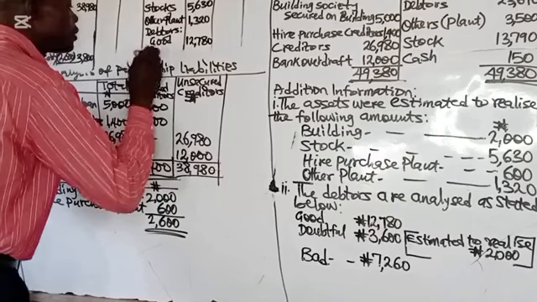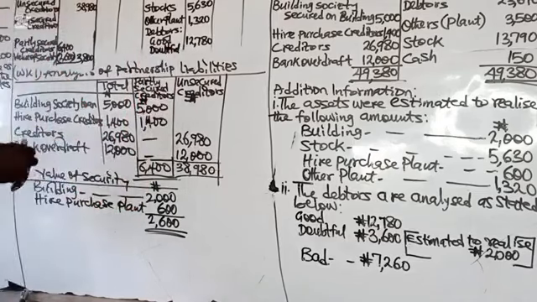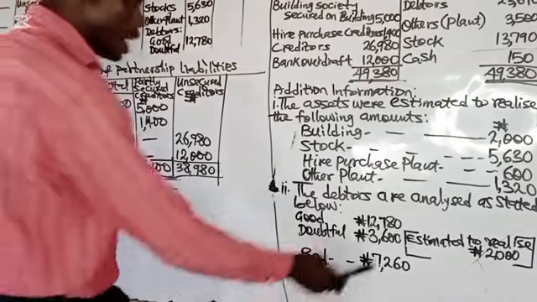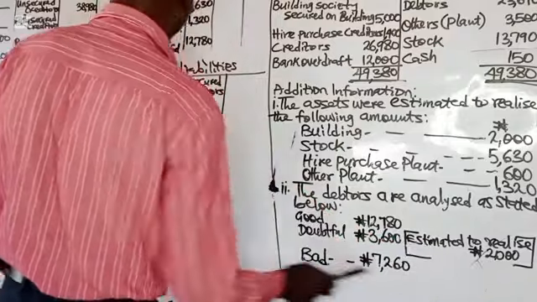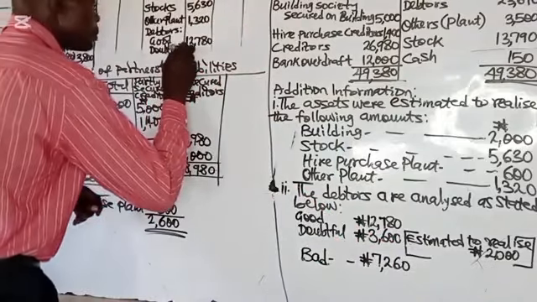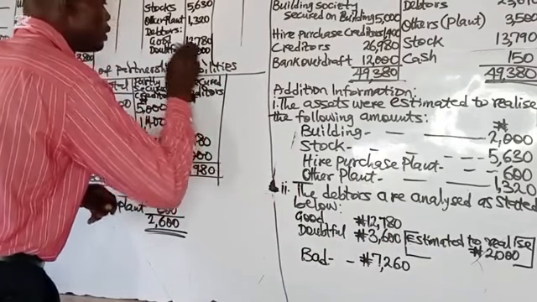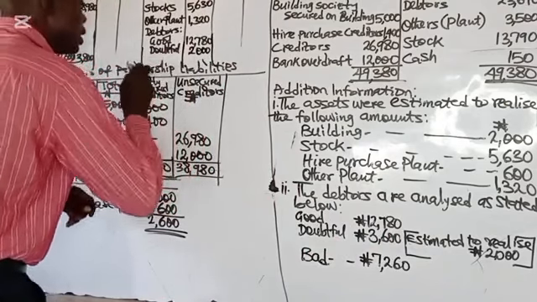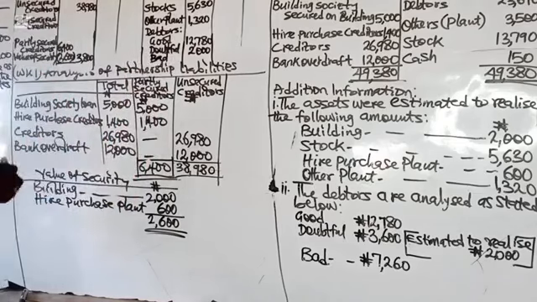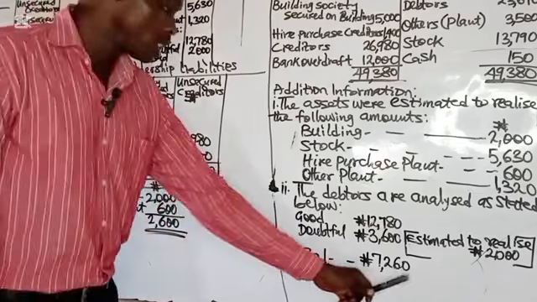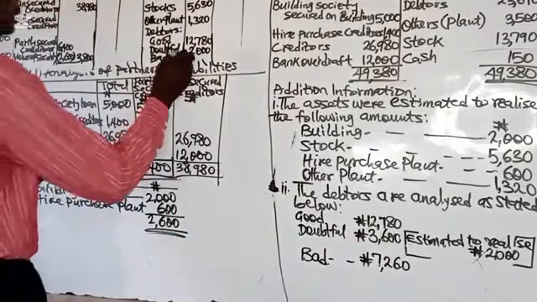Then doubtful debts. The book value is 3,600, but it is estimated to realize 2,000. It is the realizable value we need. 2,000. That is the realizable value of doubtful debts. Then we have bad debts, 7,260. Since it does not have any recoverable value, we put a dash.